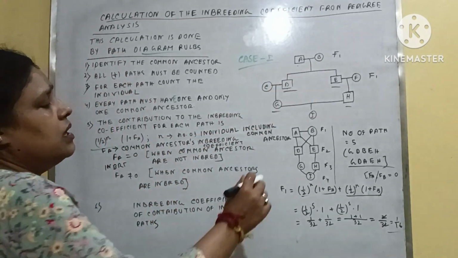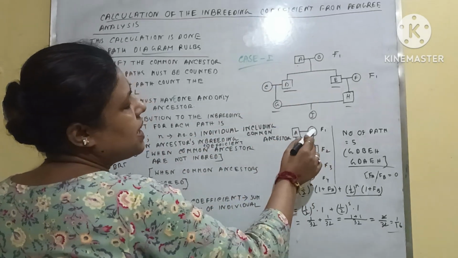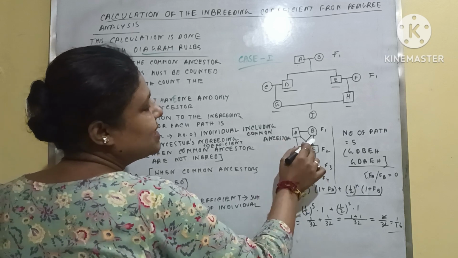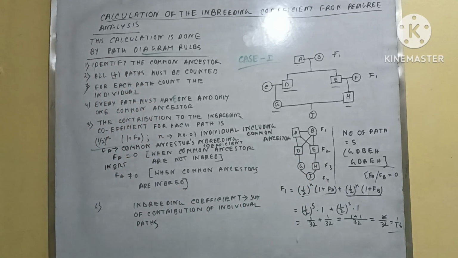So A and B are connected with D and E by a cross link or cross path.